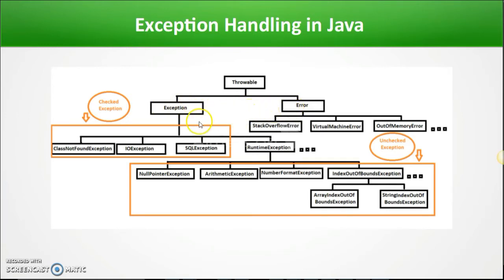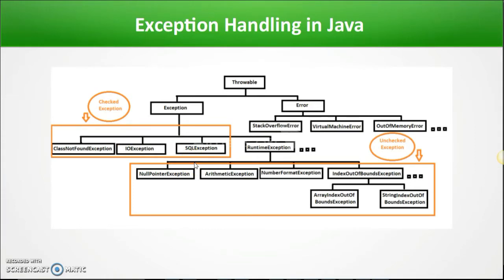Exceptions are further divided into two sections: checked exceptions and runtime exceptions, which means unchecked exceptions, compile time or runtime. Compile time exceptions are those exceptions which are caught by your JVM at compile time.